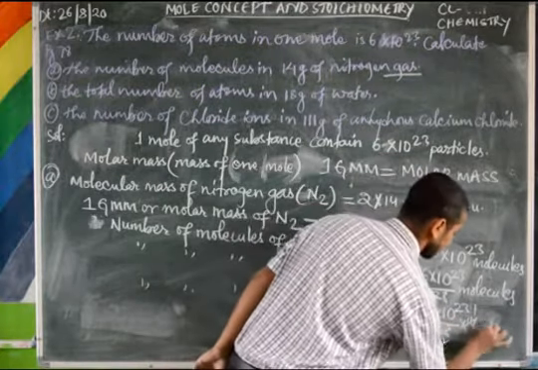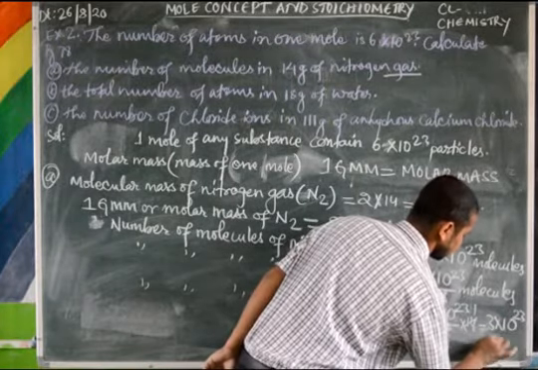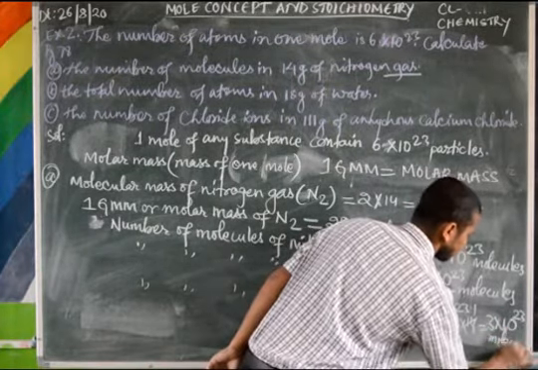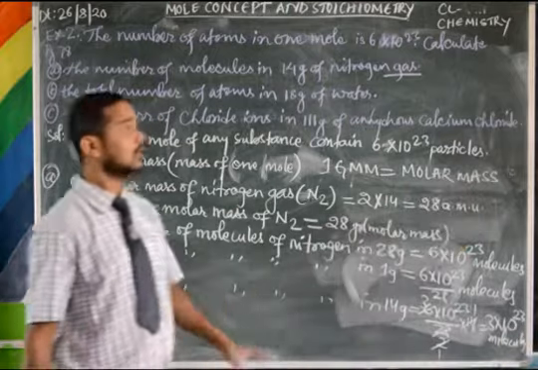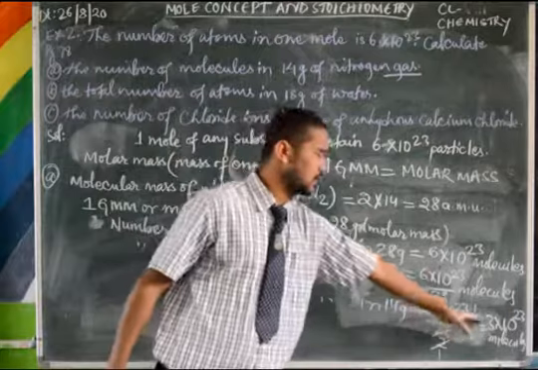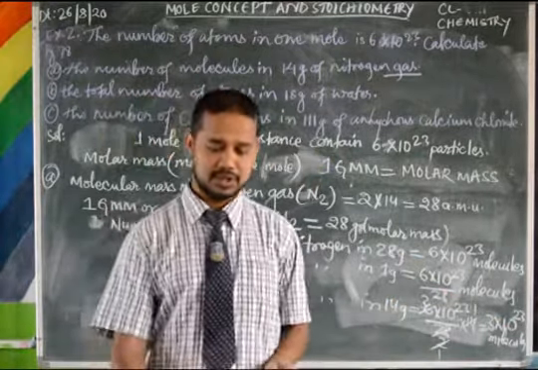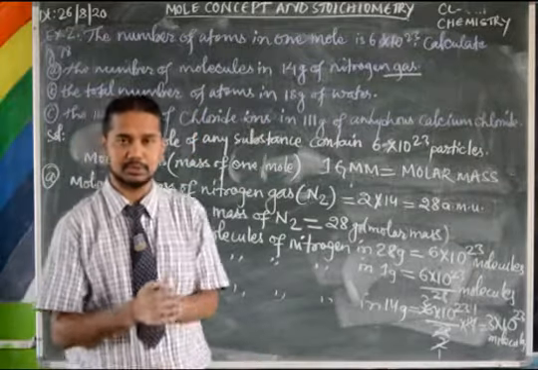That means 3 into 10 to the power 23 molecules. So 14 gram of nitrogen gas will have 3 into 10 to the power 23 molecules.